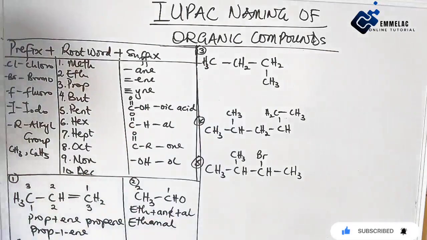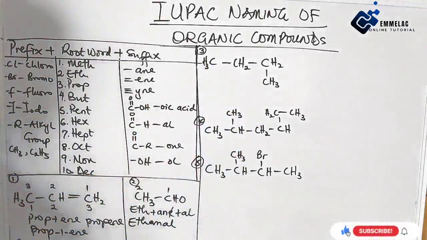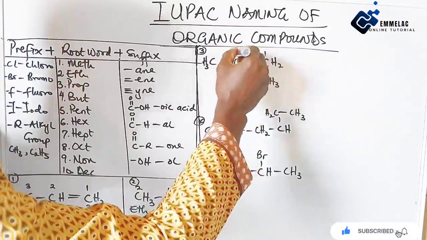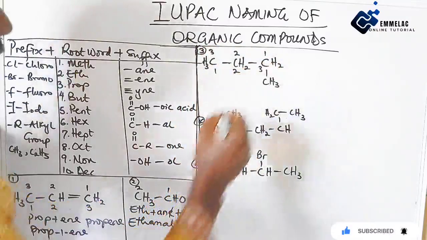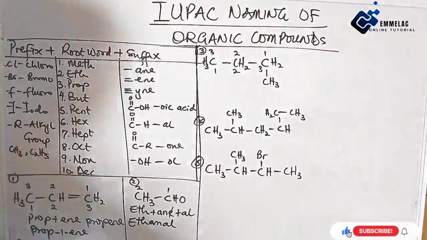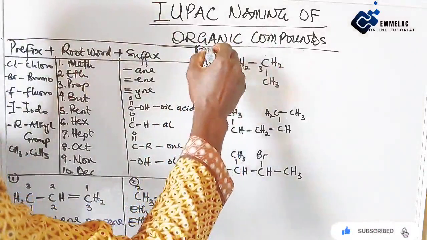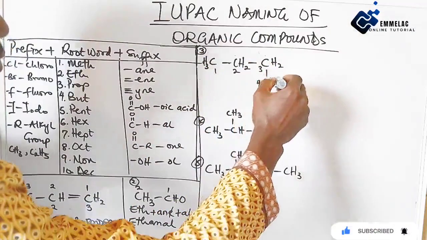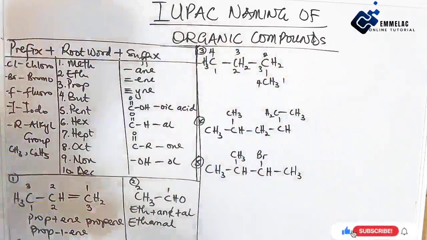Now let's move to this one. Let us identify the longest possible chain. Here you just need to be very careful. You might want to say this is 1, 2, 3, and also 1, 2, 3. This is wrong. The longest possible chain here, you see that we start like this: 1, 2, 3, 4, or 1, 2, 3, and 4.